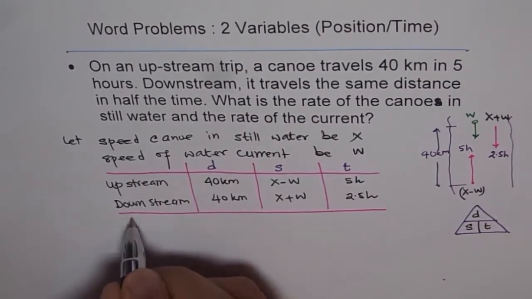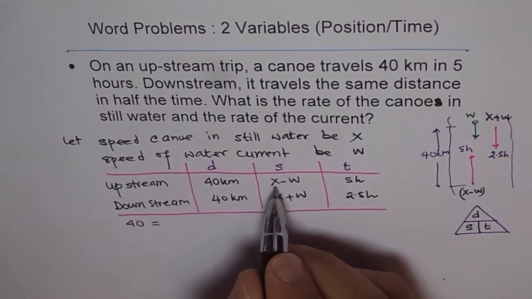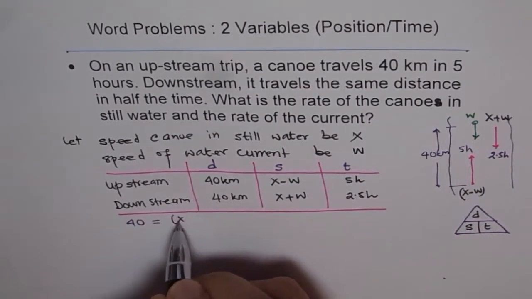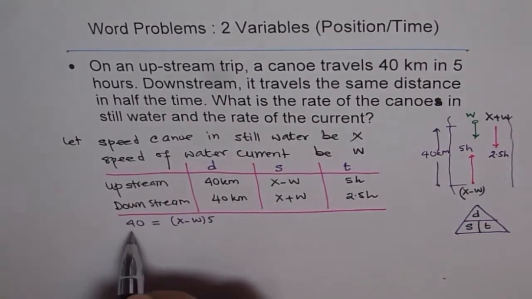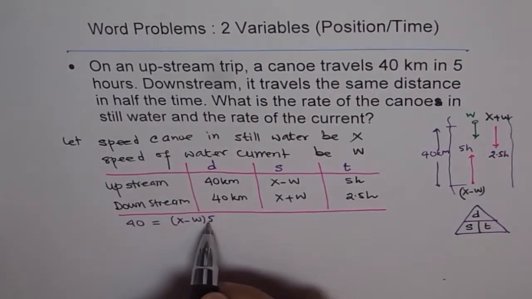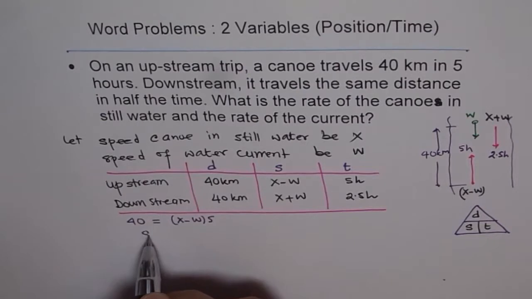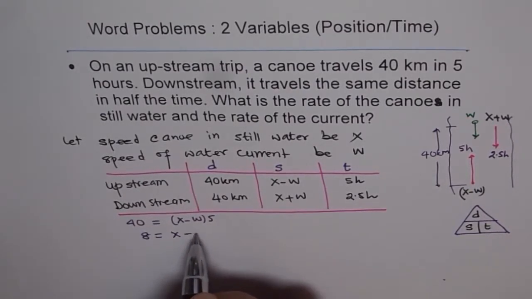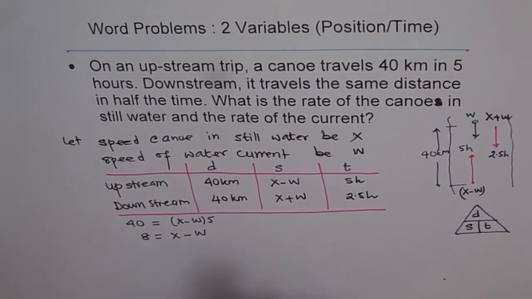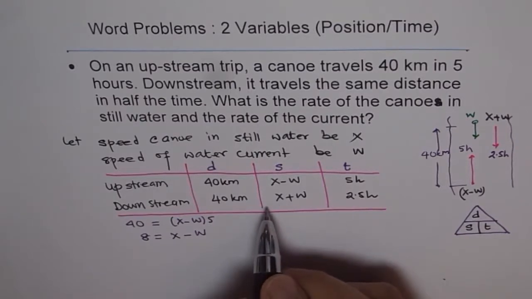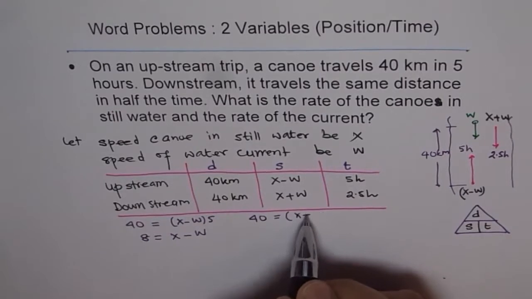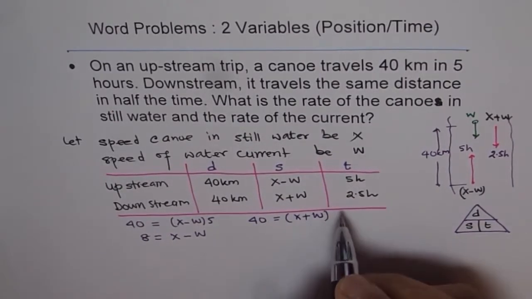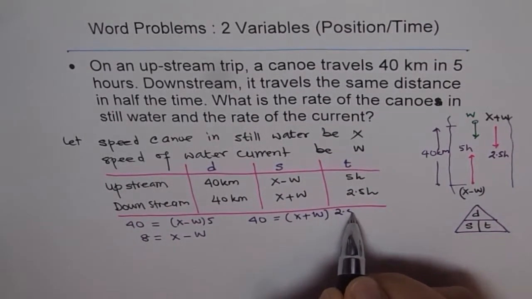So we get 40 equals speed into time, which is x minus w times 5. Now this can be simplified as 40 divided by 5 is 8. So 8 equals x minus w. The other equation is 40 equals speed, which is x plus w, times 2.5.